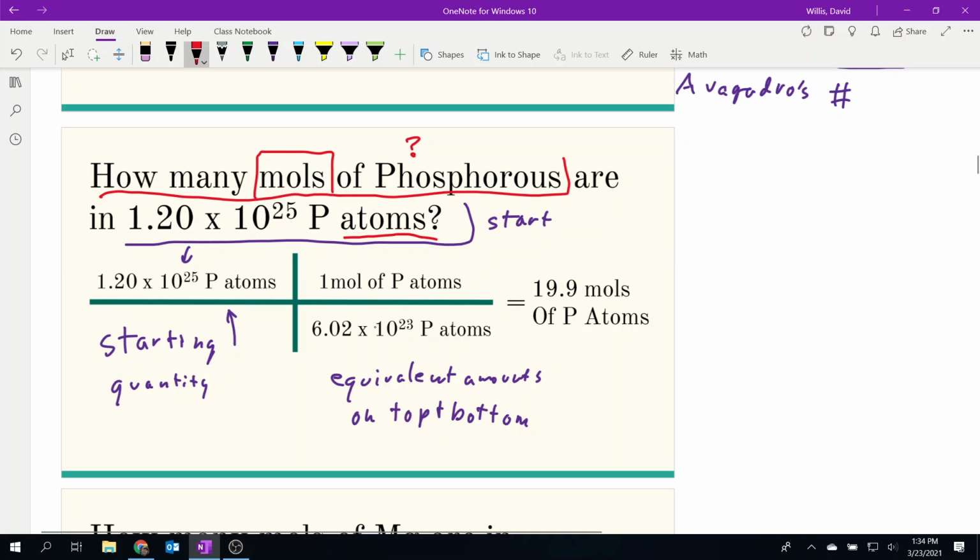And the way I'm going to do that is, anytime you're going back and forth between moles and atoms, you are going to use Avogadro's number as the conversion. Avogadro's, not avocados, Avogadro's number. So you will use that anytime you're going from moles to atoms or atoms to moles, because that lets you know how many atoms are in 1 mole. How many?